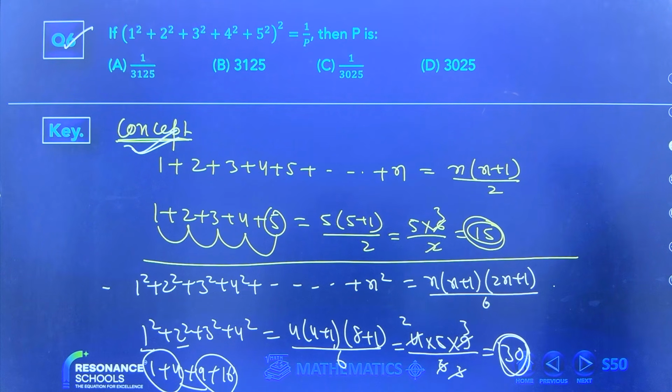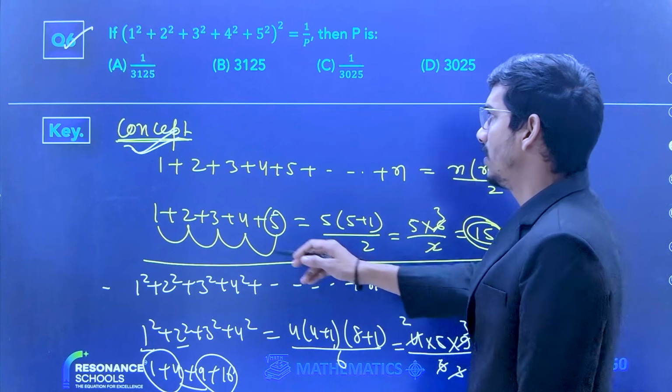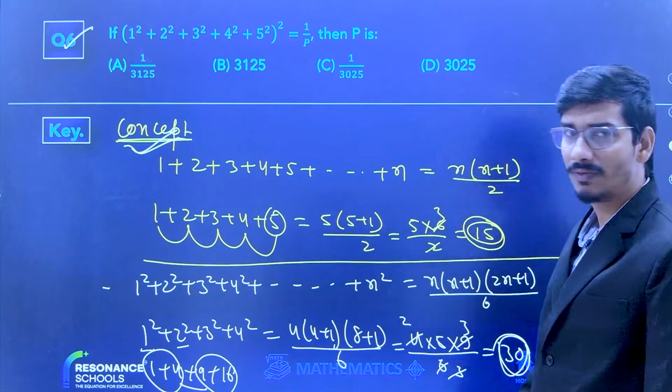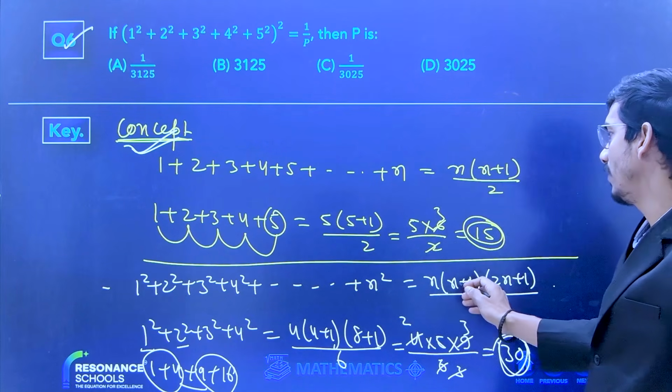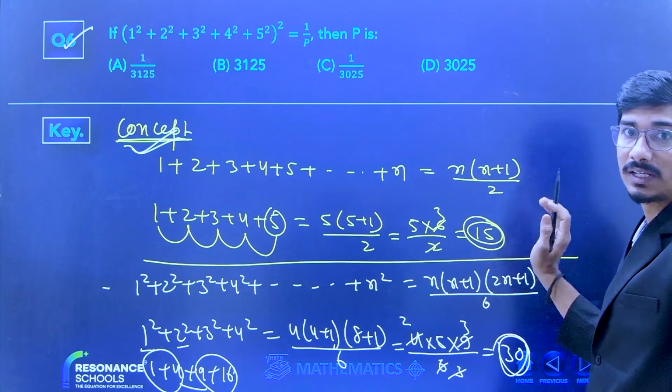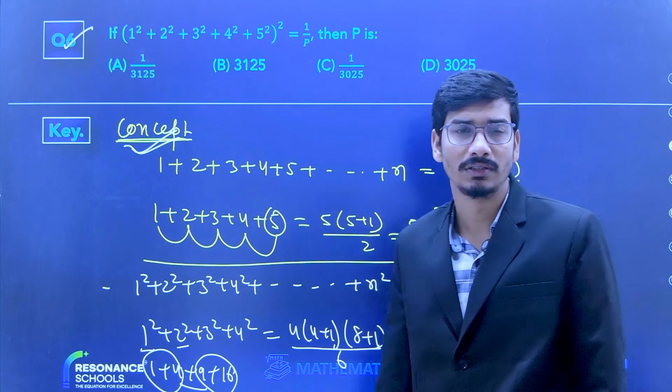Rohin, beta, just remember the formula, okay? The sum of natural numbers is n into (n plus 1) by 2, and the sum of squares of natural numbers is n into (n plus 1) into (2n plus 1) by 6. This is the formula, okay?